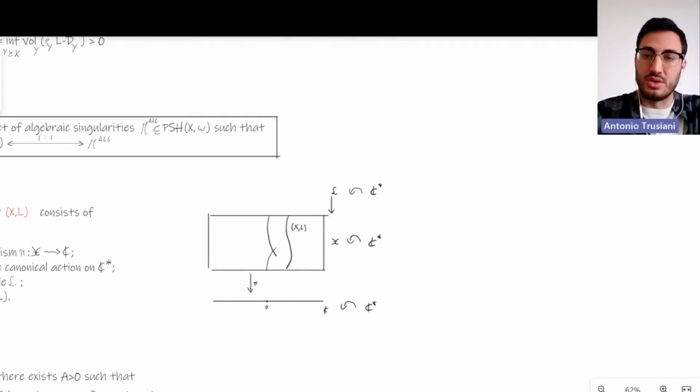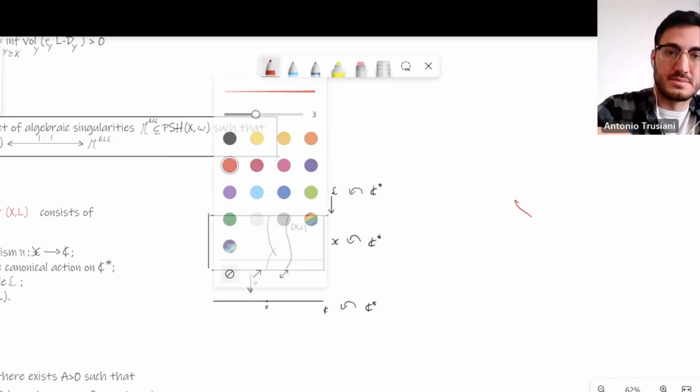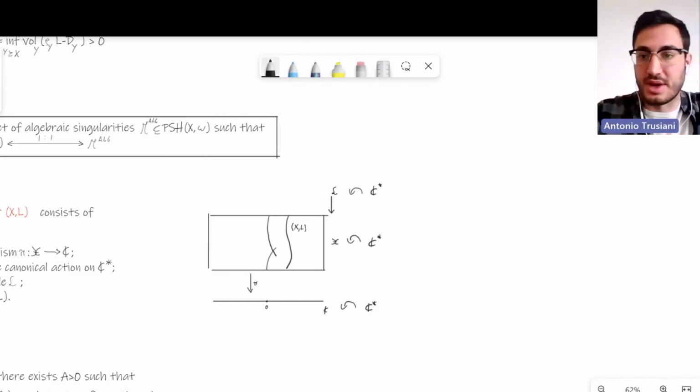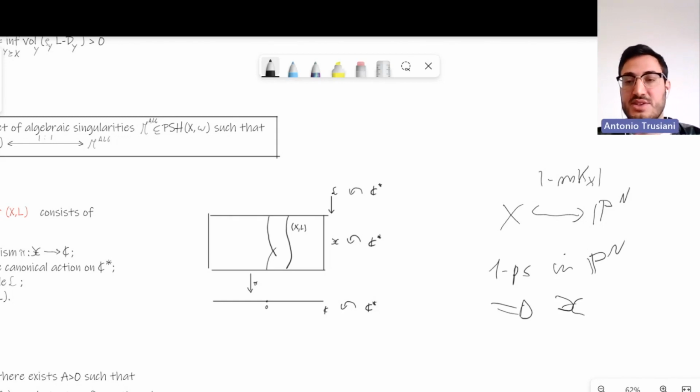In general, you can embed your X into some P^N by sections of mK_X, and then you can consider a one parameter group in P^N, and then this produces a test configuration curly X. So any ample test configuration actually is produced in this way.